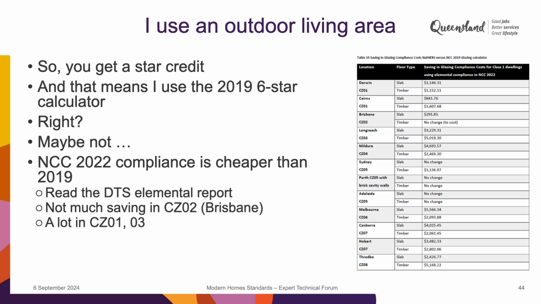So you'll see in Brisbane, unfortunately, and in Climate Zone 5, there's no large savings. But in all the other climate zones, check out the 7-star calculator to get compliant glazing with your elemental evaluations, rather than go back to that old 6-star calculator.